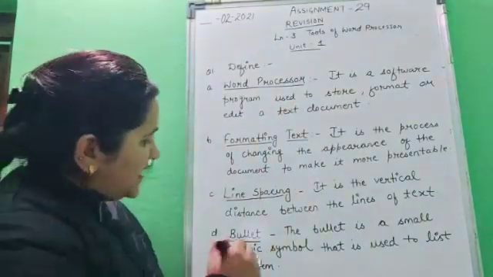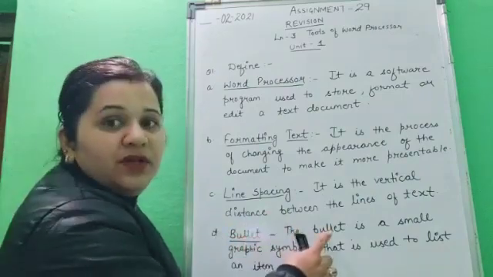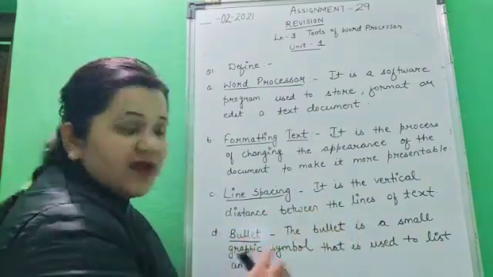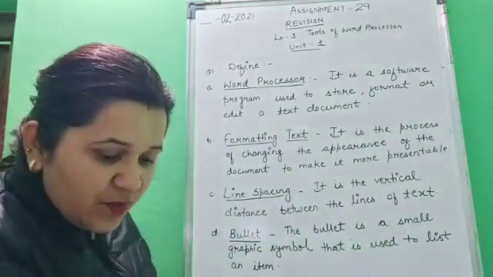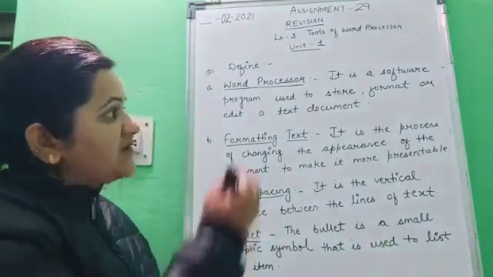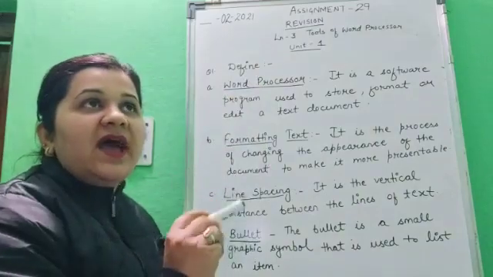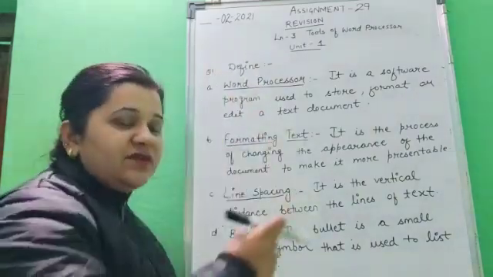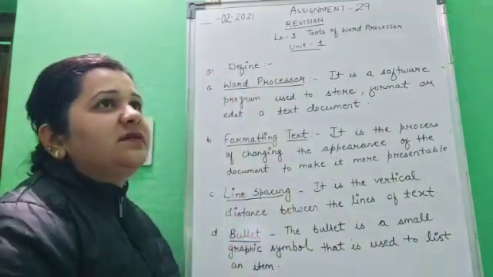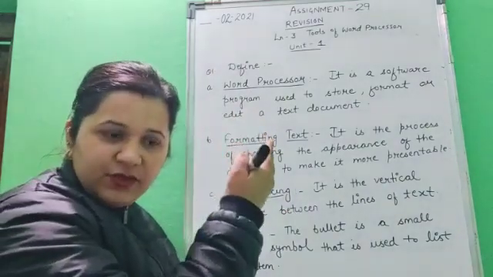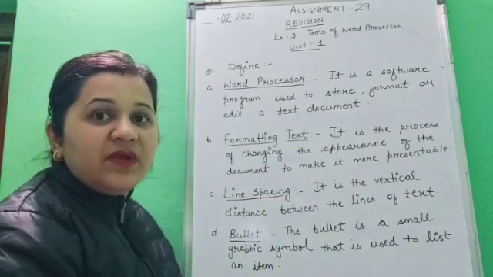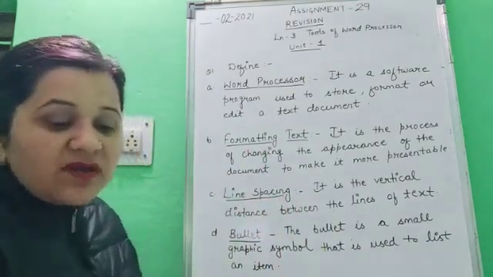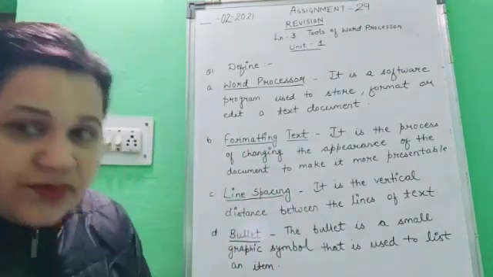Okay children. Next comes bullet. The bullet is a small graphic symbol that is used to list an item. Now what is this bullet? Suppose I have written something on the document, and suppose I ask you to write down the names of the students, or when you write something in a listed way, then you can use some small graphics which are present on the computer screen.